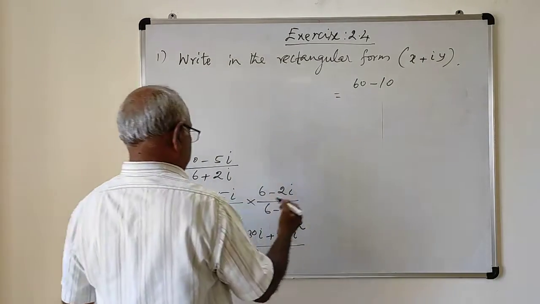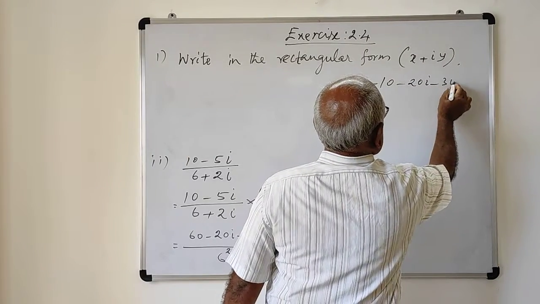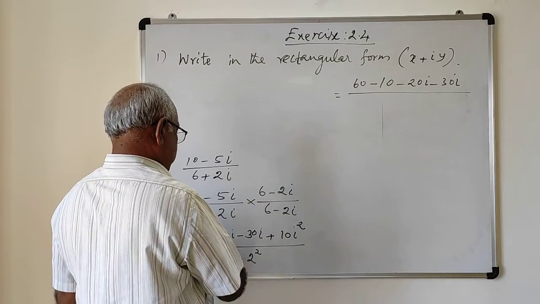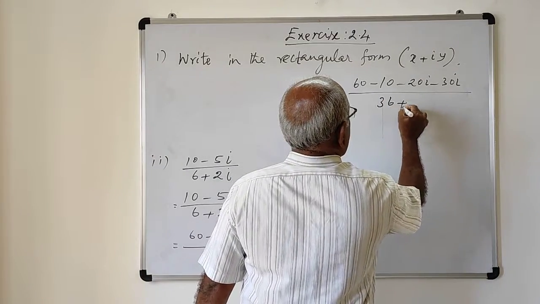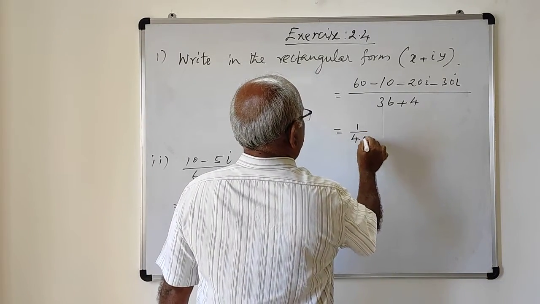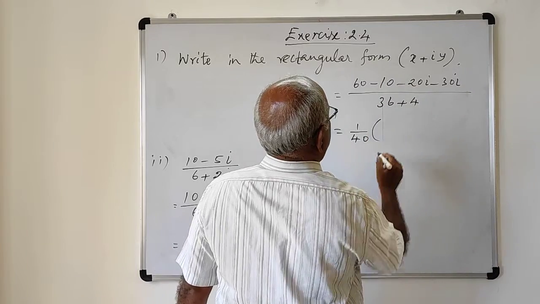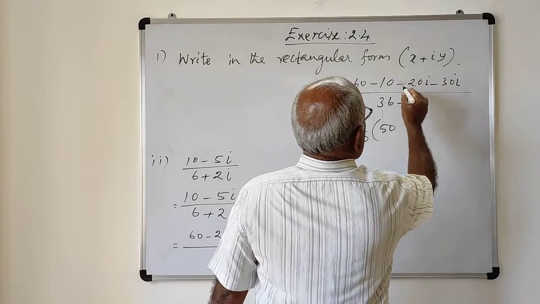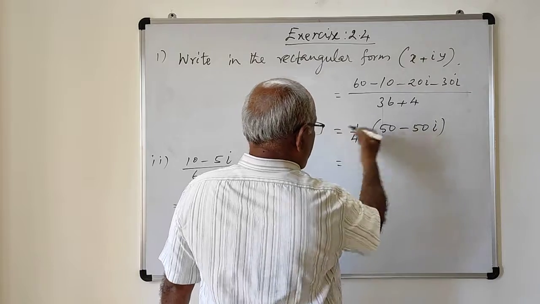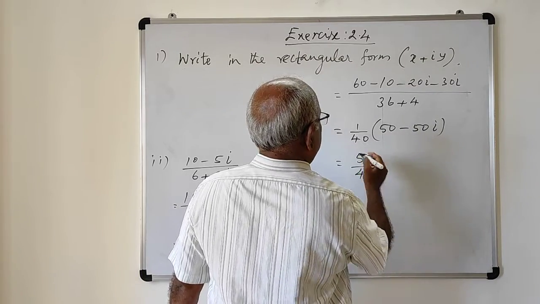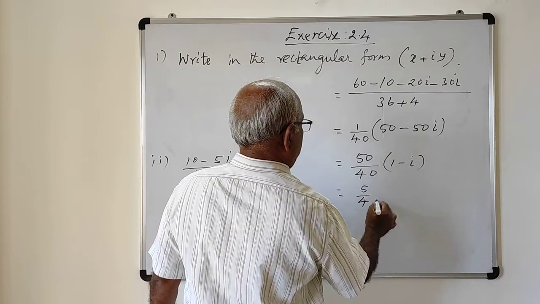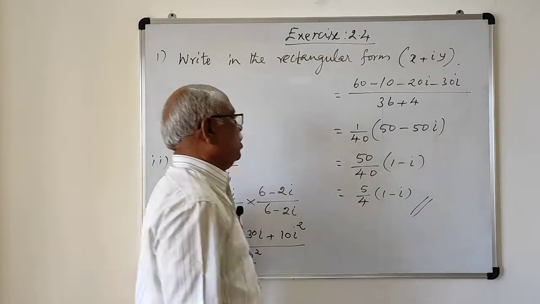Then minus 20i minus 30i is minus 50i. The denominator is 6 square, 36, plus 2 square, 4, which is 40. So this is 1 by 40 into 50 minus 50i. Taking 50 common, we get 50 by 40 into 1 minus i, which is 5 by 4 into 1 minus i. This is the rectangular form of the second sum.